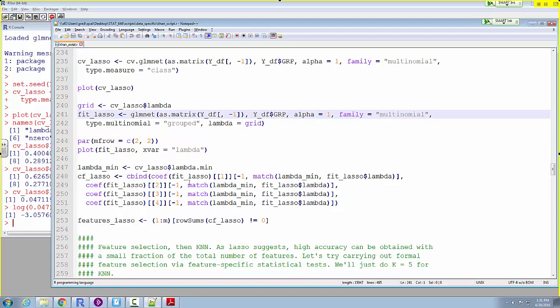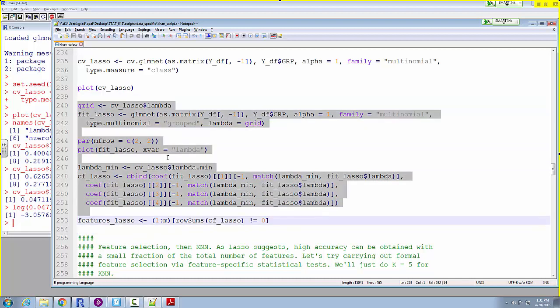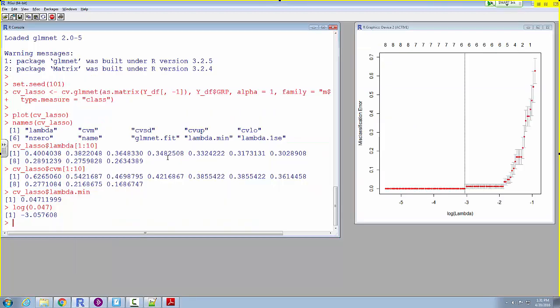There are coefficients in this fitted object that you can go pick which model corresponds to the best lambda that we found. Then go get those coefficients. So whenever you do this code right here, let me go ahead and do all of this. And then we'll be done in 30 seconds.